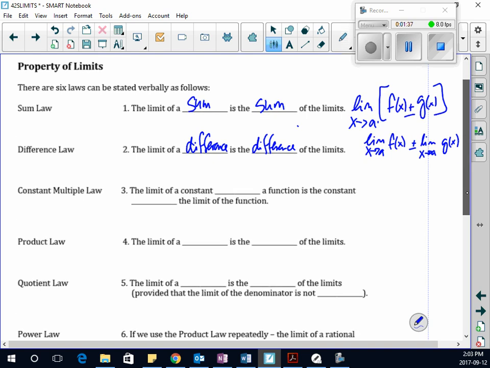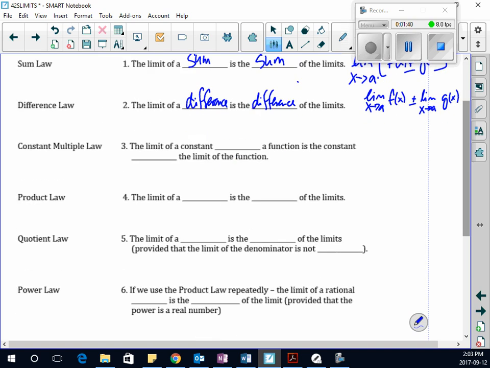Okay. The next one is the constant multiple law. The limit of a constant multiple of a function is the constant multiplied by the limit of the function.